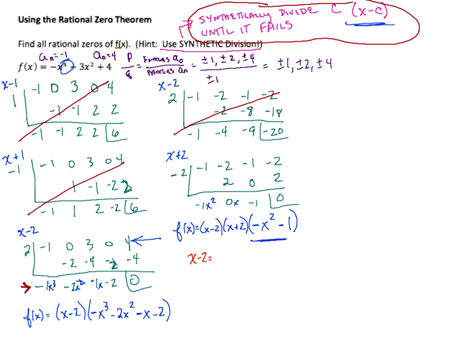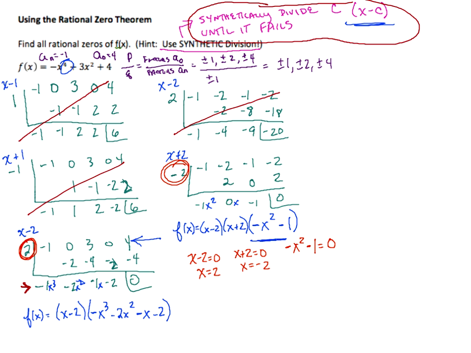So I have x minus 2 equals 0, x plus 2 equals 0, and negative x squared minus 1 equals 0. So here, x is 2, and we already figured that out right here. And then we have x is -2 right here.